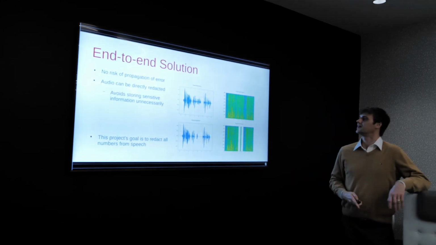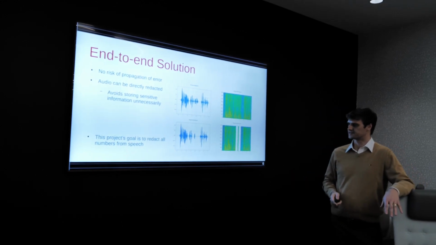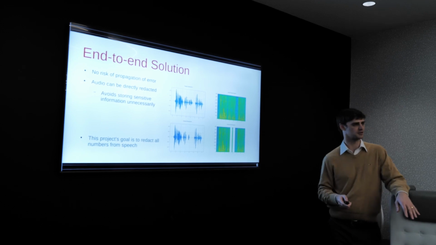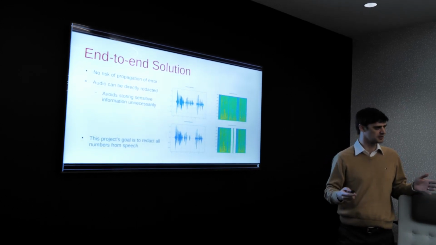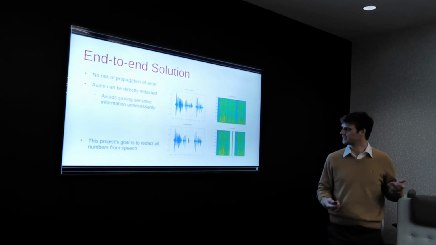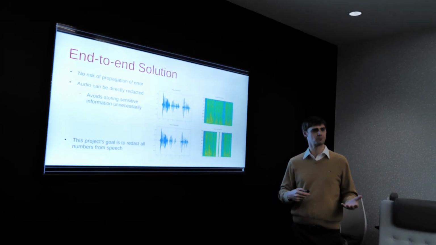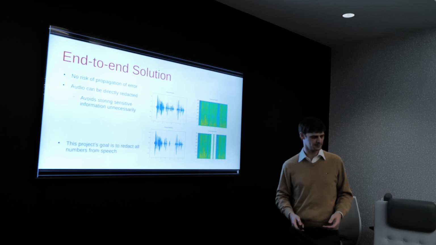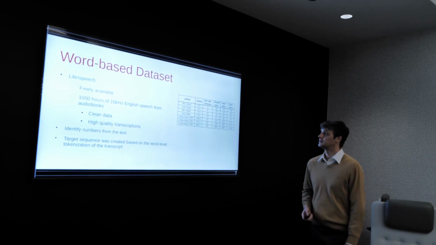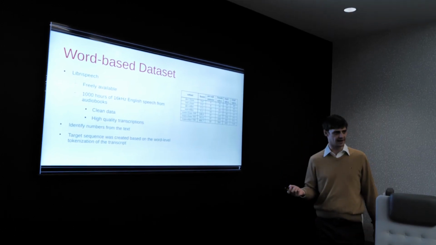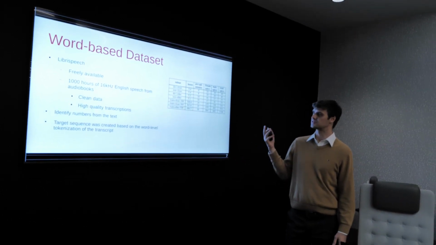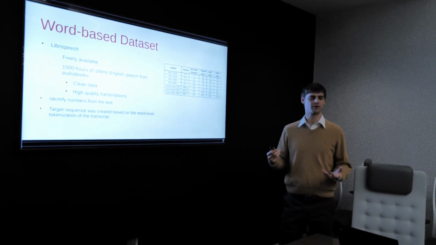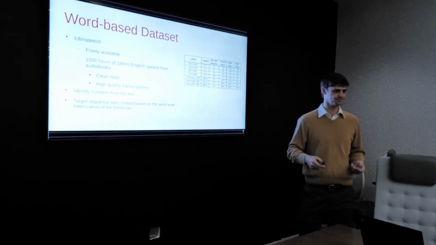Okay. The project that I'm going to work on today is redacting numbers from speech. It's not really a complicated or realistic problem, but it's a toy model that we can play with and see, is this approach appropriate and will it work? But first we need to get a data set. What I need to do is figure out where the numbers are in this data set.